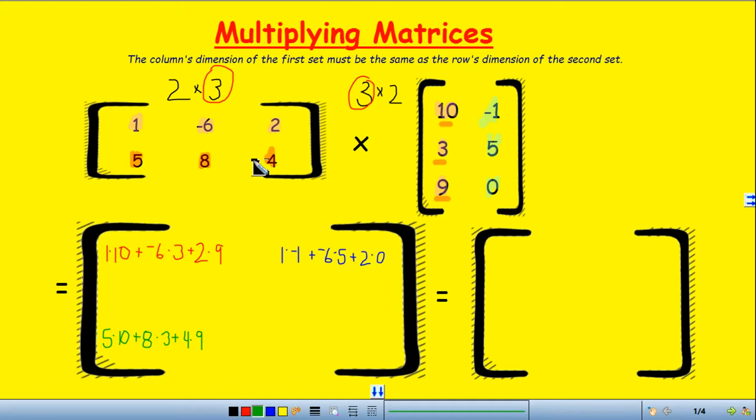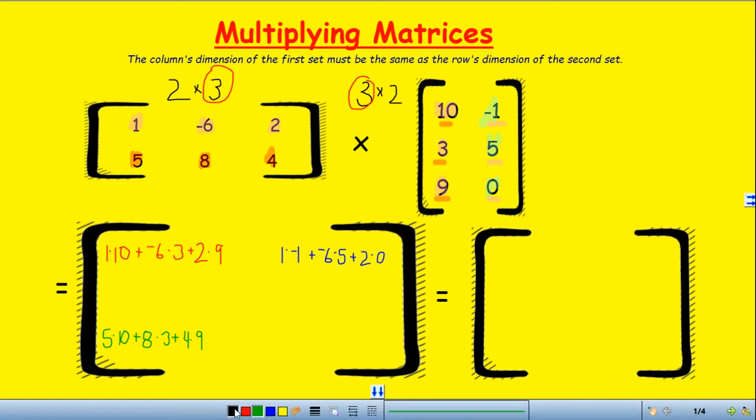Now let's do the last one. So we're going to do the same thing with that second row and that last column of the second set. So upon doing that, we're going to take it and multiply it as well as do our addition.